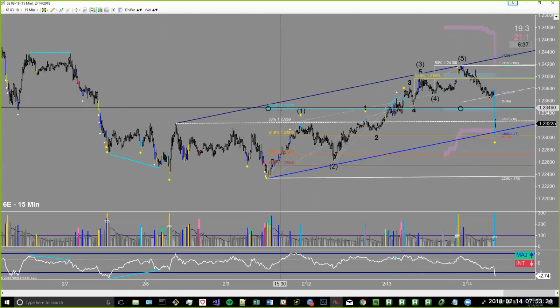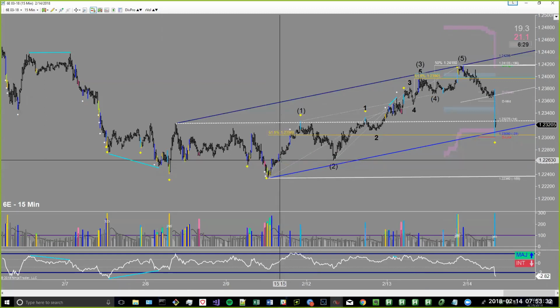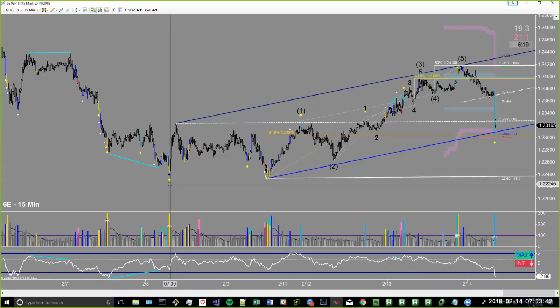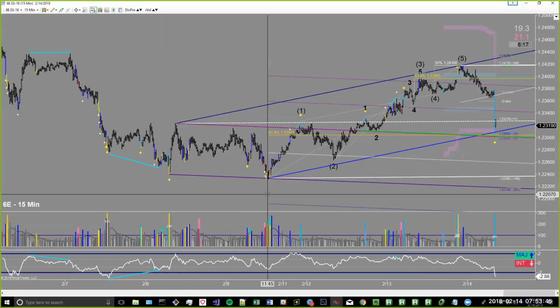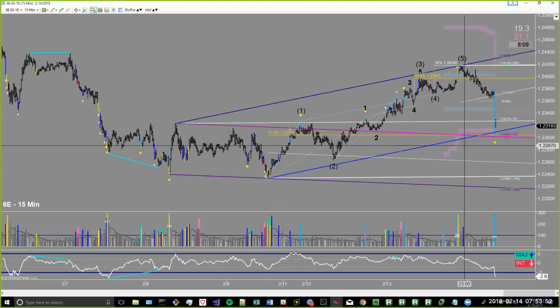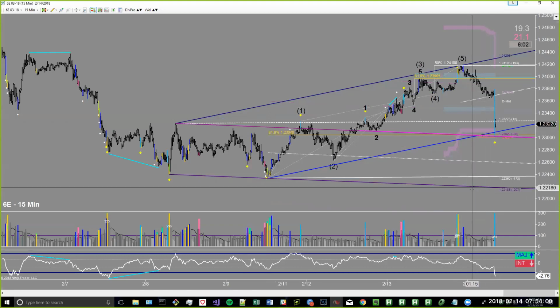Yeah, that's the 61.8 right there, 61.8 retracement. That could be a major, major low. Yeah, it probably is. I bet it is, like you're saying. Right out of a report. Oh man, shake everybody out. That's the top of that channel too.